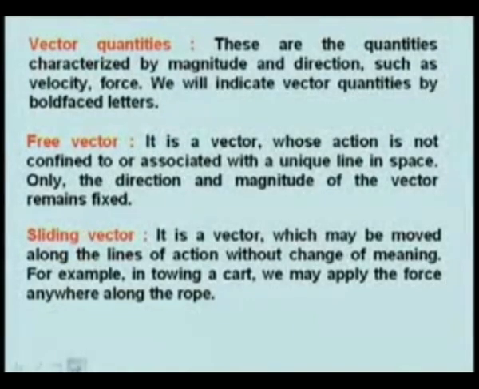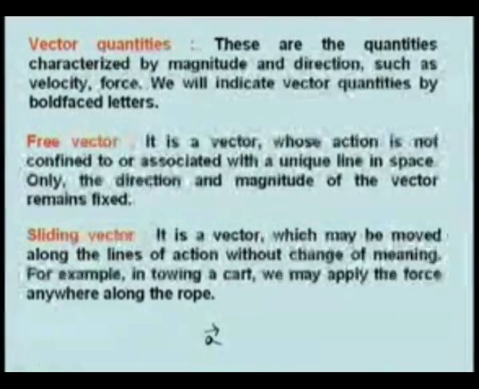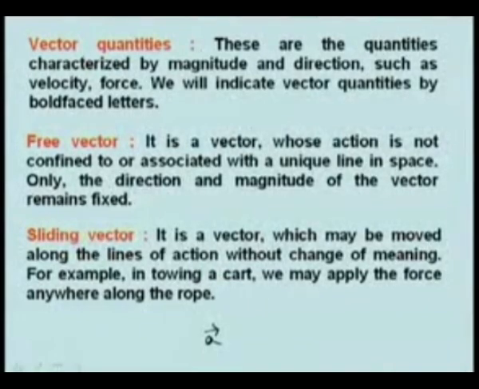We indicate vector quantities by bold-faced letters or put an arrow on top of the letter, like this is a vector. Now, vectors will definitely change under coordinate transformation. So, if a vector has some components in one coordinate system, in another coordinate system its components will be different.